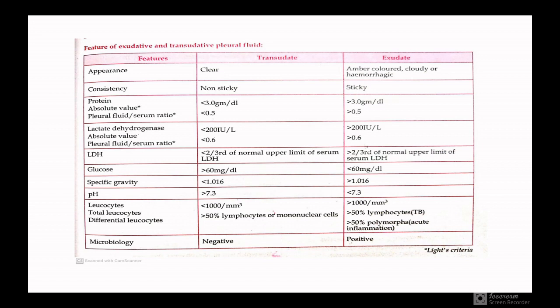Total leukocyte count in transudate will be less than 1000 per mm cube, with more than 50% lymphocytes or mononuclear cells, but in exudate it will be more than 1000 per mm cube, with more than 50% polymorphs, indicative of acute inflammation. In microbiology, transudate is negative, exudate is positive. All these exudate features are also called Light's criteria.